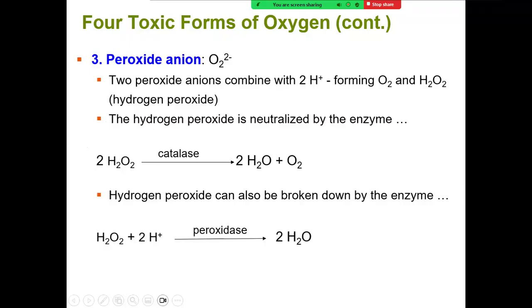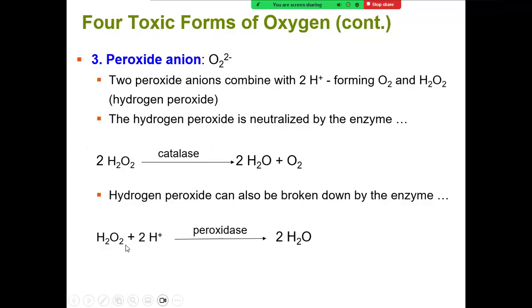Most cells that live in the air, meaning aerobes, have the enzyme catalase. It's not true that all cells do. There's R2 that we mentioned in our last lab that do not, but most cells that live in air do have the enzyme catalase. If they do not have the enzyme catalase, but they're living in the air, then they must have the enzyme peroxidase.